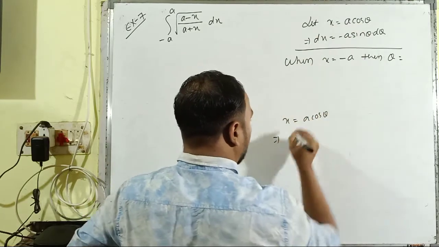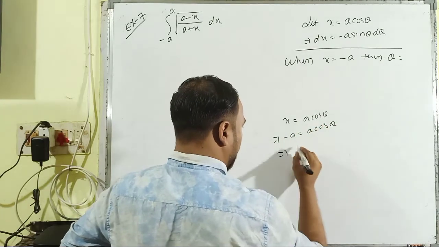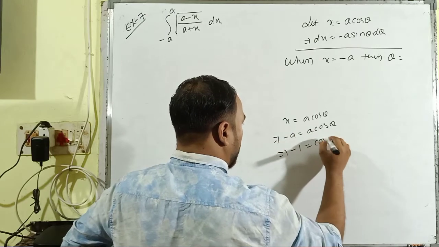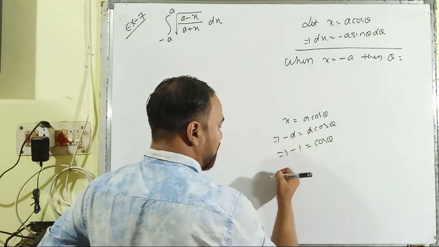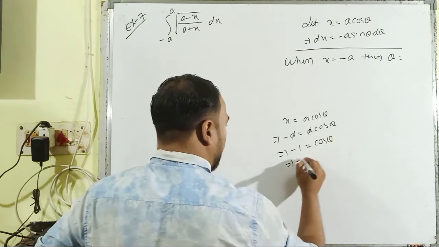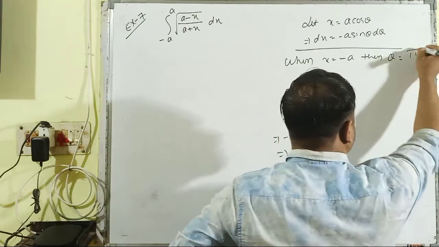So minus a is equal to a cos theta. That means it is minus 1 is equal to cos theta. A got cancelled from both sides, so it is minus 1. That means the value of theta, minus 1 is equal to cos of pi. That means theta is equal to pi.